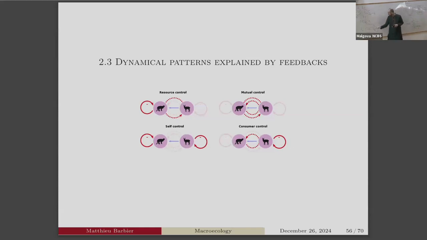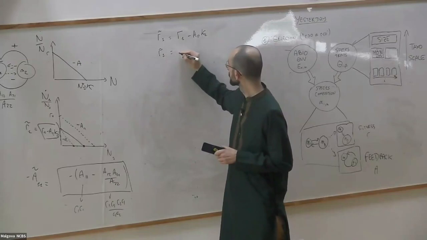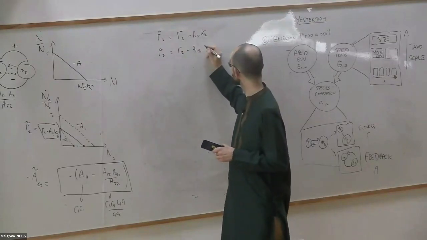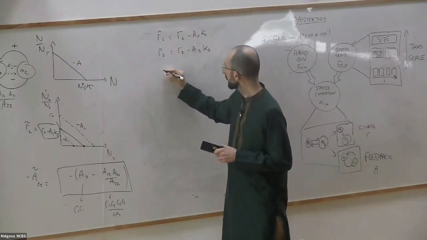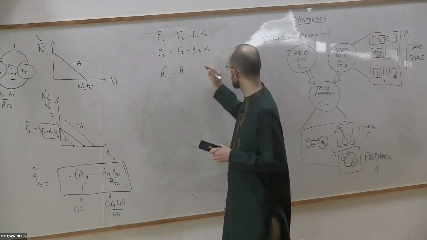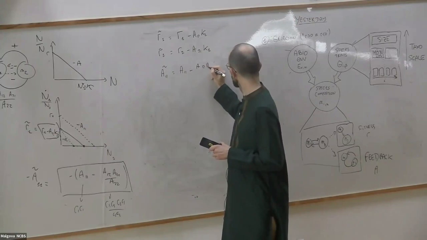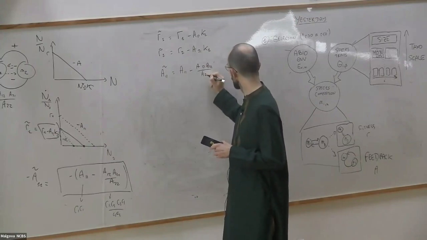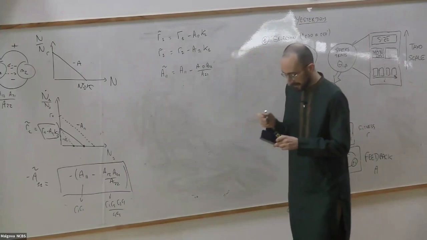So what I want to say is that for every species, if I write, let's say, R1 tilde equals R1 minus A12 K2, R2 tilde equals R2 minus A21 K1, and now A11 tilde equals A11, and so on, and the same in symmetric.